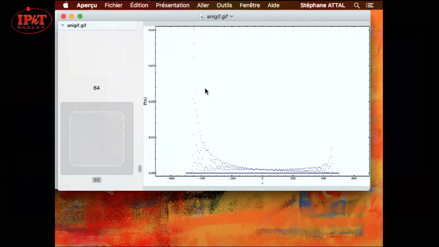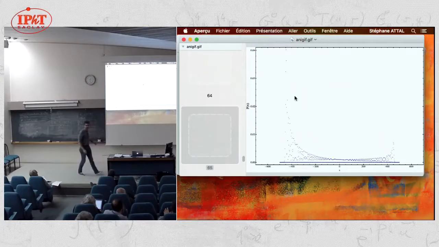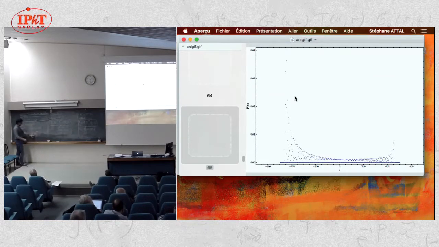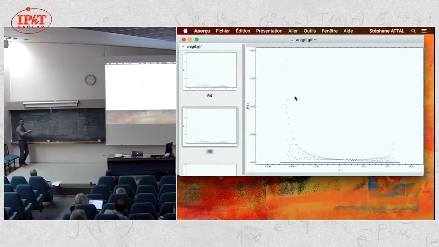What is being plotted? It's the distribution you obtain with time, the probability of presence. Your density matrix changes when you apply this. Let's say at step 100, you have a density matrix which will look like this, rho 100.